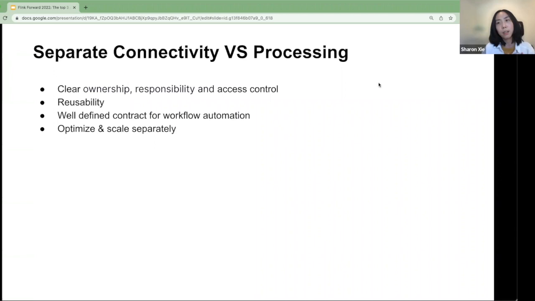So if you have a processing heavy job, we can increase the resource for the pipeline without impacting the connection. So in short, we built another abstraction layer on top of Flink, and we've made some really hard trade-offs between more resource consumption versus better user experience.